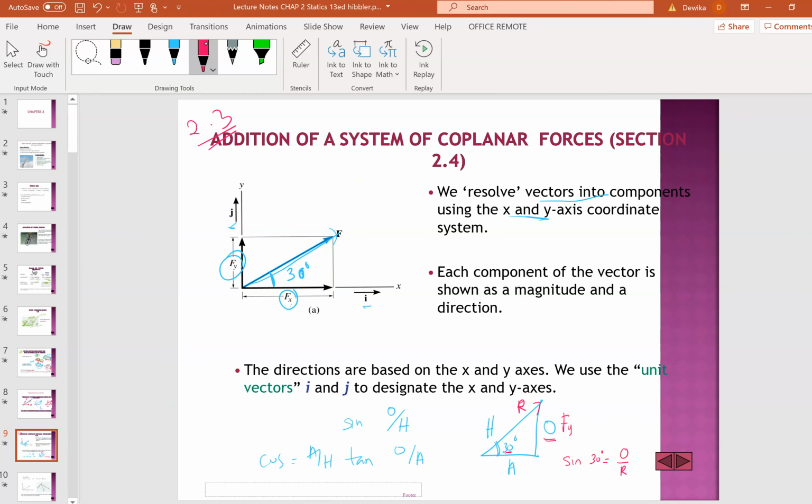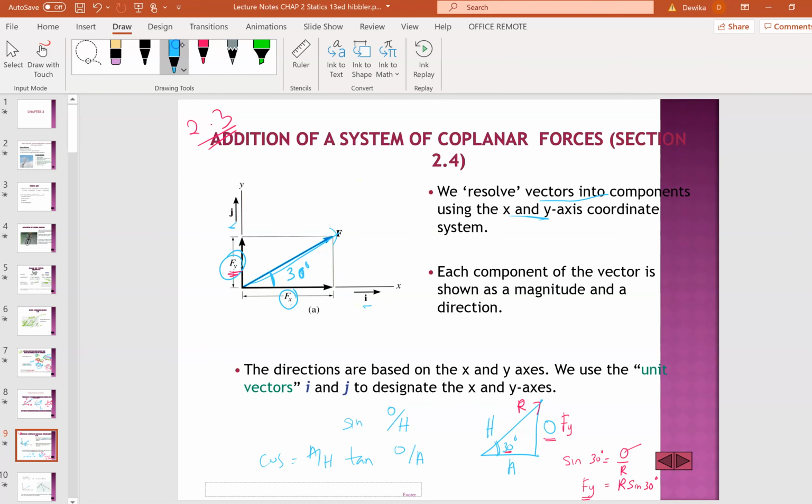It would be Fy. So Fy, the opposite, will be the resultant multiplied by sine 30. This is how you find your Fy.